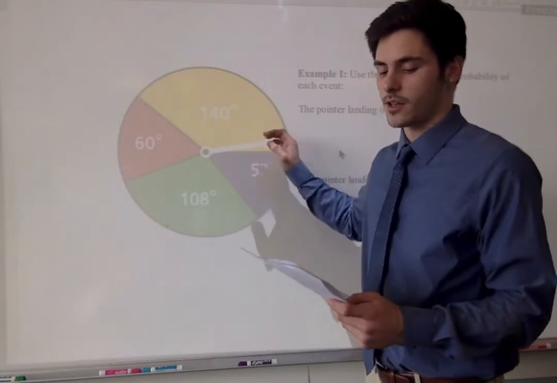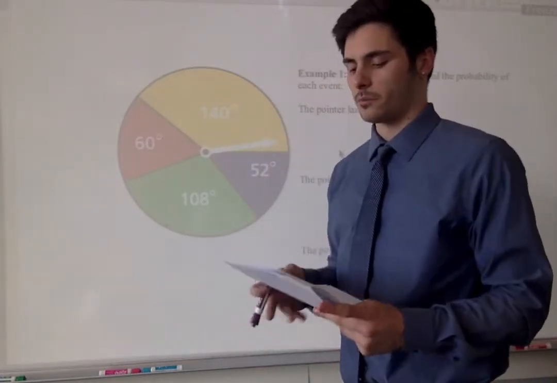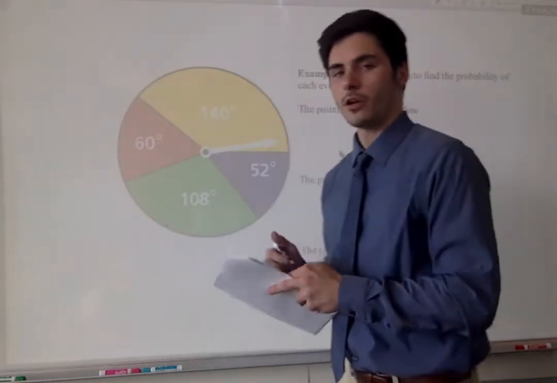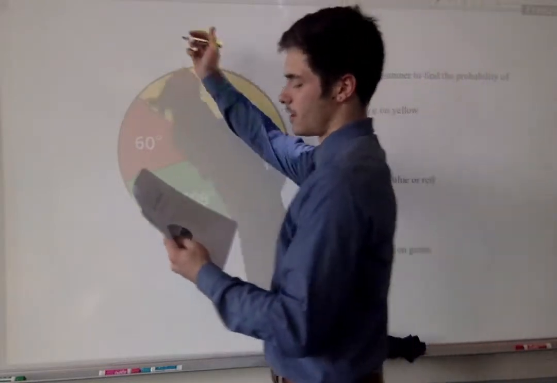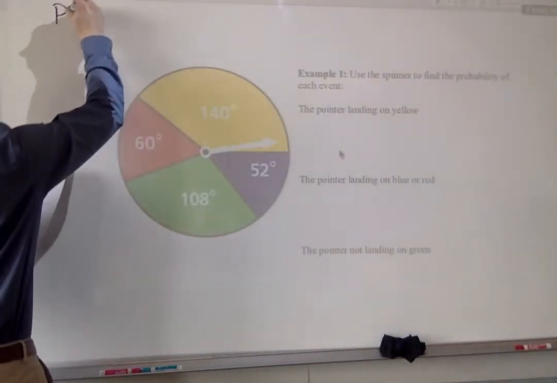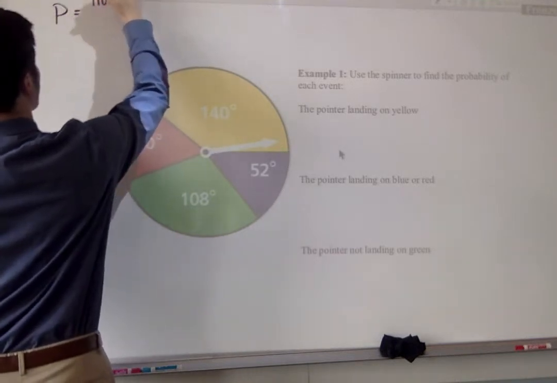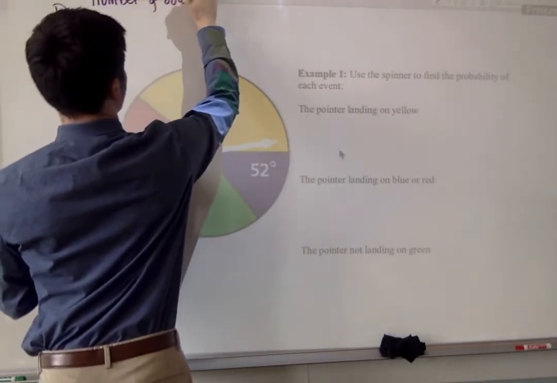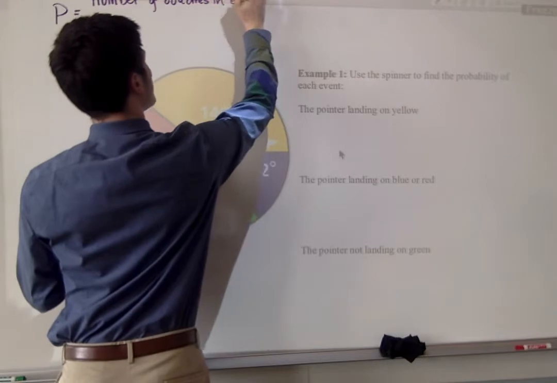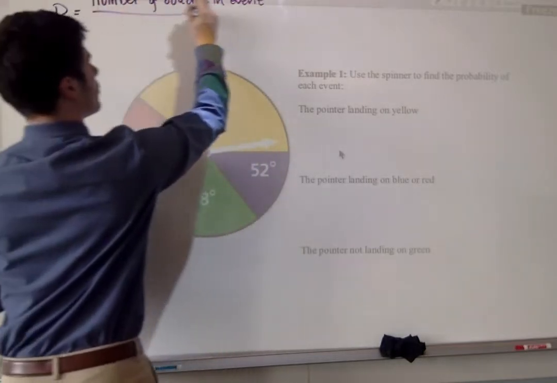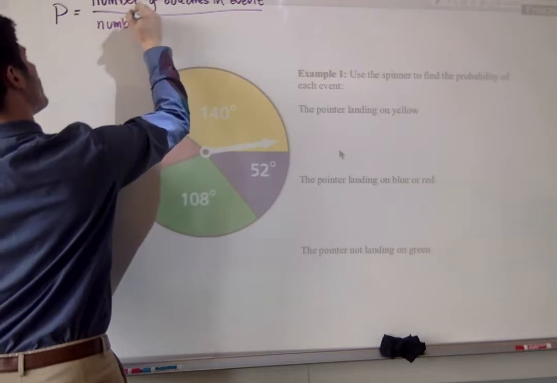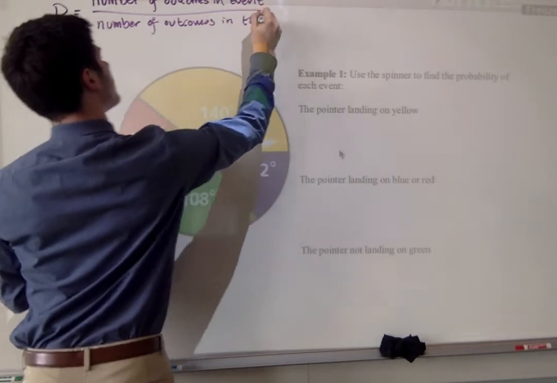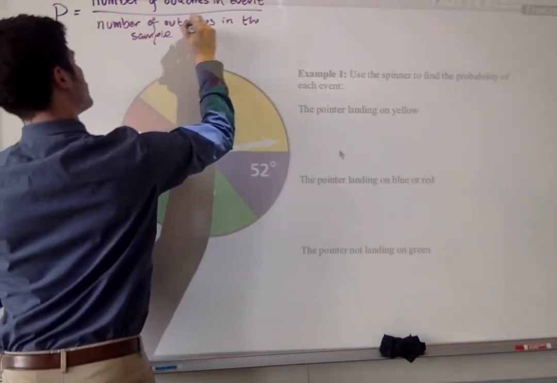But above this, it says P equals the number of outcomes in the event over the number of outcomes in the sample space. I'll write it out over here. So P equals number of outcomes in event over number of outcomes in the sample space.